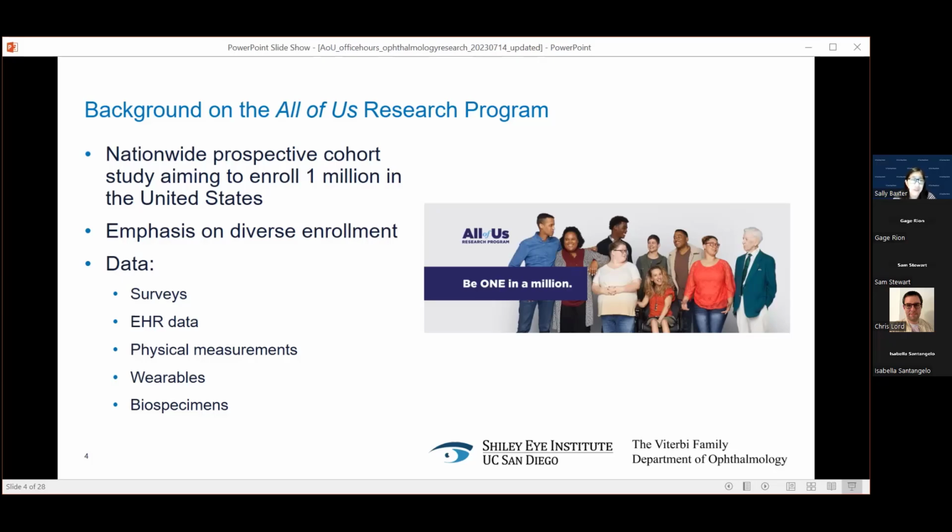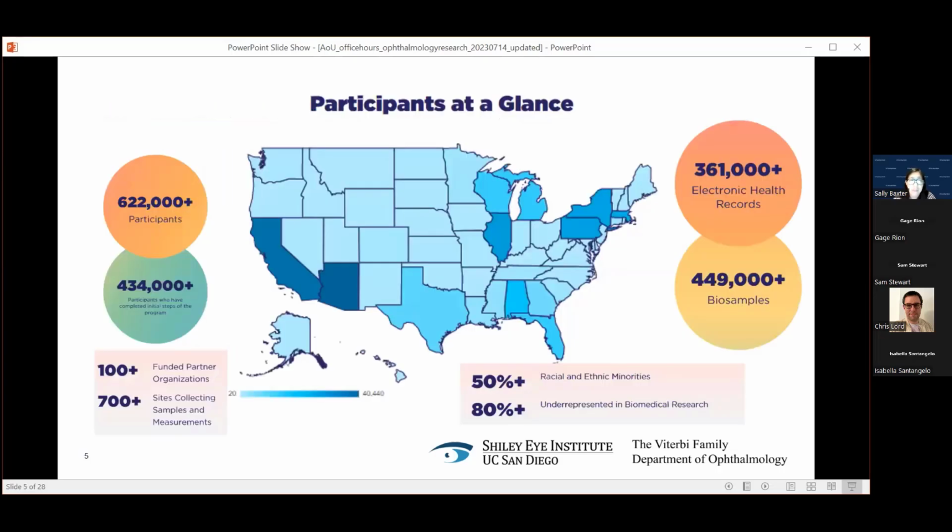There's a range of data that are available in All of Us, including survey data, electronic health record data, physical measurements, wearables, and biospecimens, and so forth. So it's a really rich resource to be able to link across some of those data types. I'll talk a bit about some of the work that we've done looking at those different categories of data.